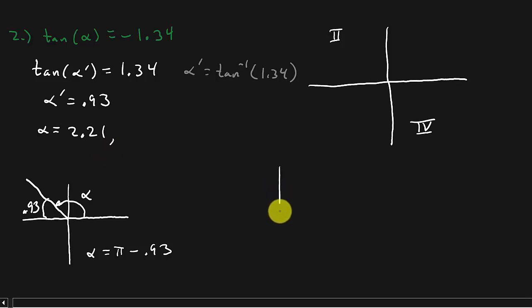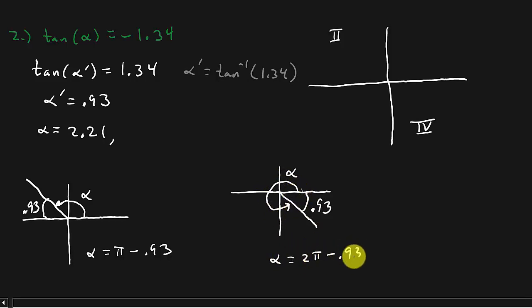All right, now let's get the fourth quadrant solution. So this is alpha, there's 0.93, and so alpha is equal to, I go all the way around, that's 360, but since we're in radians, that's 2 pi minus 0.93. So 2 pi minus 0.93, that is equal to 5.35.